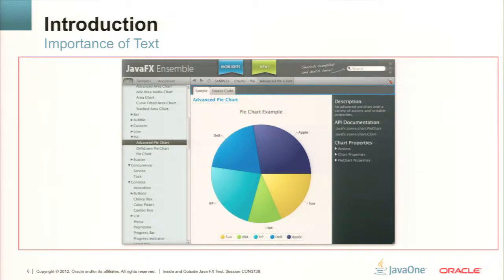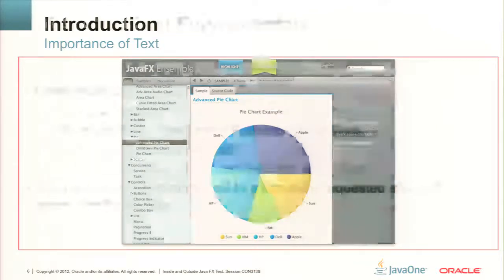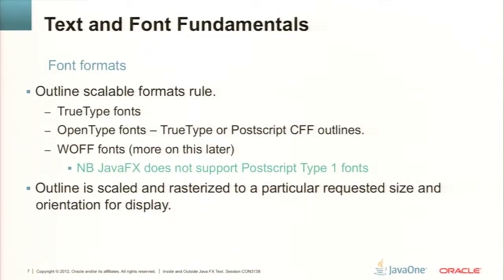It shows off the different charting, and this is actually demonstrating charting, right? A very graphical thing. And yet, there's one little pie chart in the middle, and most of the content on this page, the tree, the labels, the description stuff over here, the labels on the chart, labels on the tabs, everything, is text. Okay, so that's why text is important.